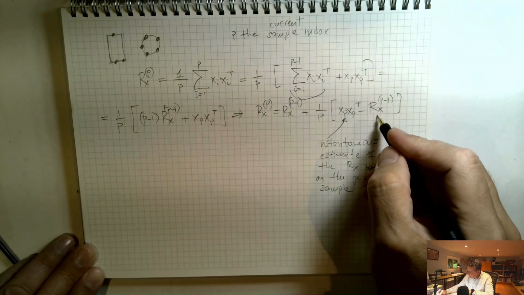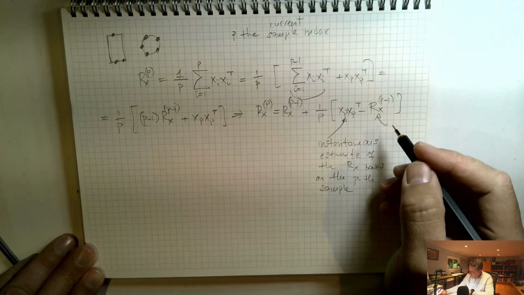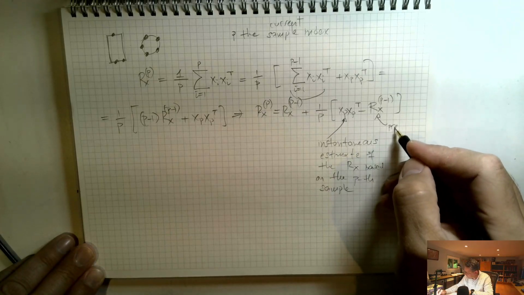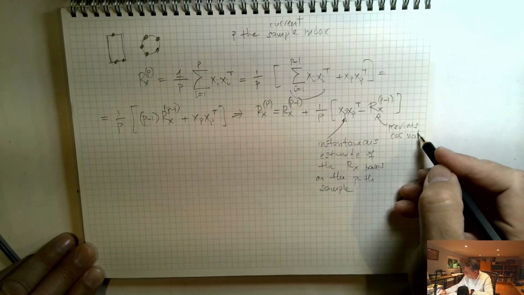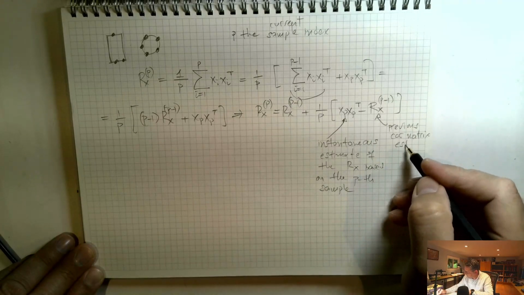And this other term is the estimate of the previous correlation matrix estimate.